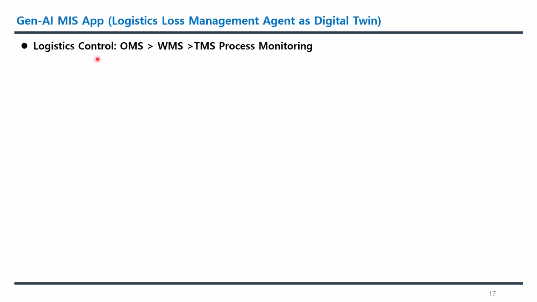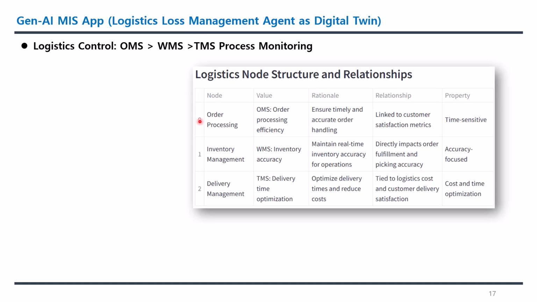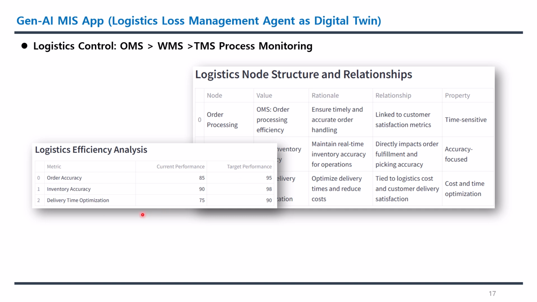Another example is that we may utilize it on the logistics business process. The logistics system may be composed of order processing, inventory management, and delivery management, meaning OMS for order processing, WMS for inventory management, and transportation management.